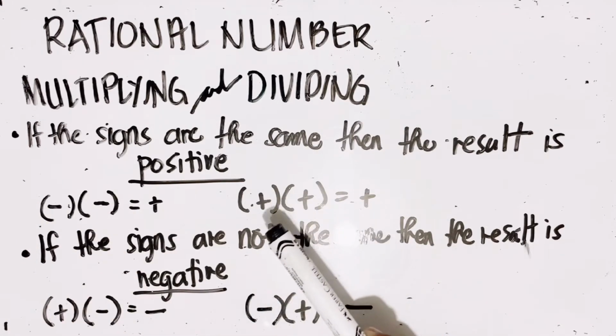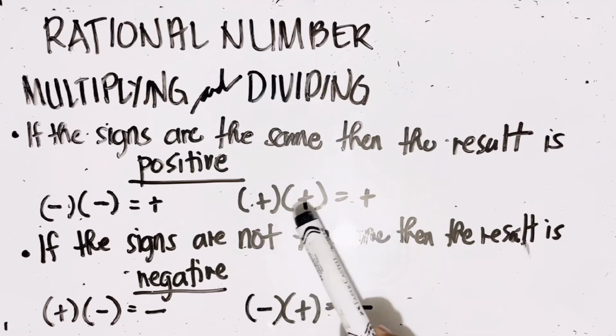And positive divided by positive, that's also equal to a positive number. And if the signs are not the same, then the result is negative. Example, positive divided by negative is negative, while negative divided by positive is also a negative answer.